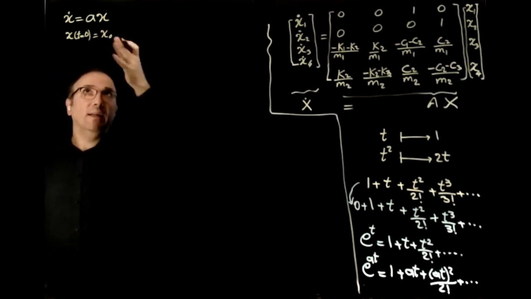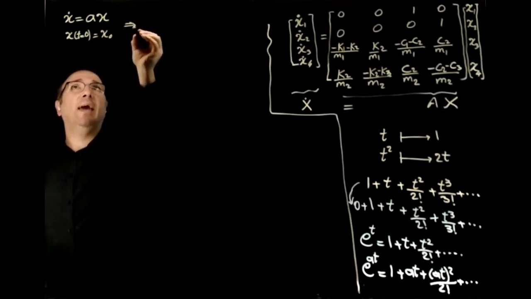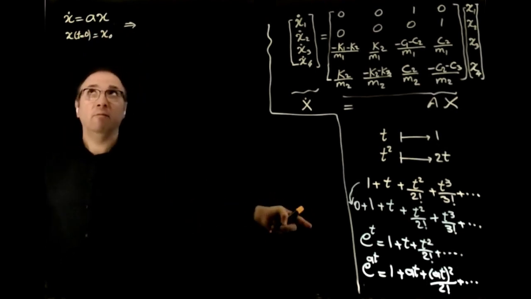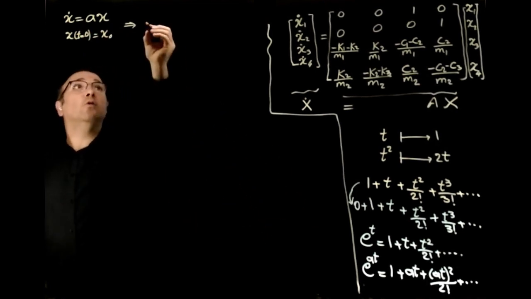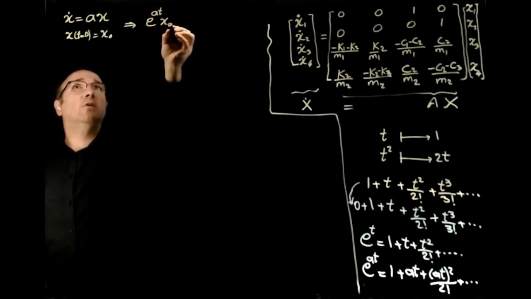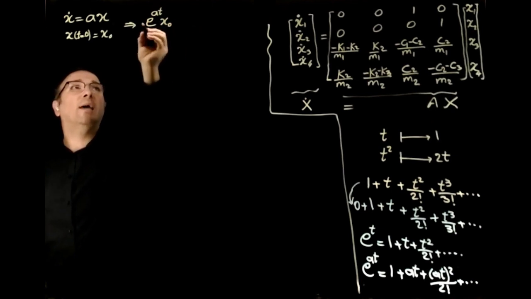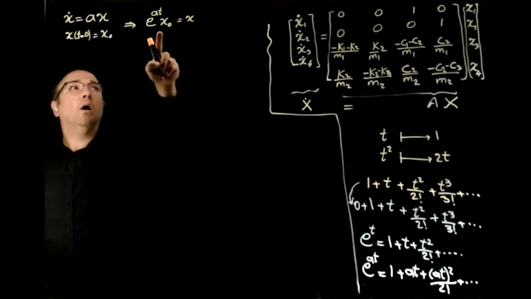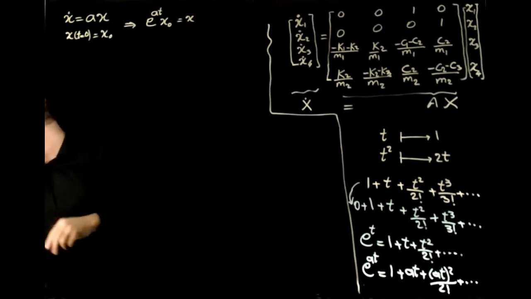Then, based on that exponential, we can say that x would be e to the power of at times x0. This would be my x. Let's write x on the other side.